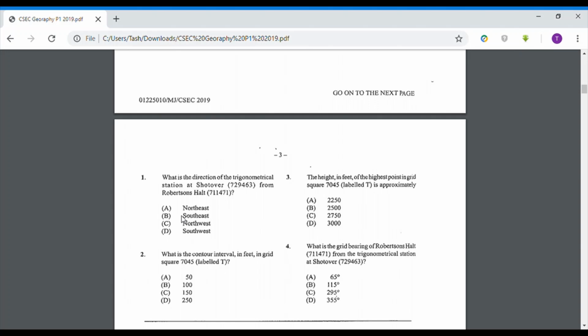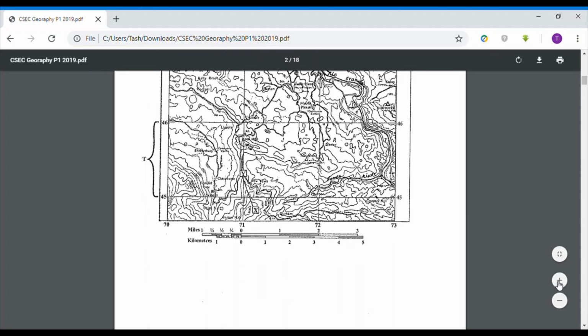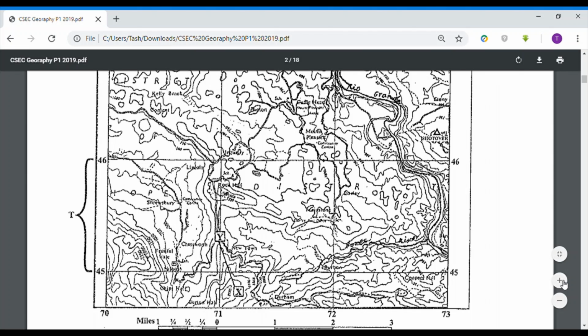For number 2, what is the contour interval in feet in grid square 7045, which is labeled T? Let's look back at the map. 7045, so it's in this square and it is labeled T. And they're asking for the contour interval. So you'd have to look closer at the numbers that are there. Let us just zoom in a little.